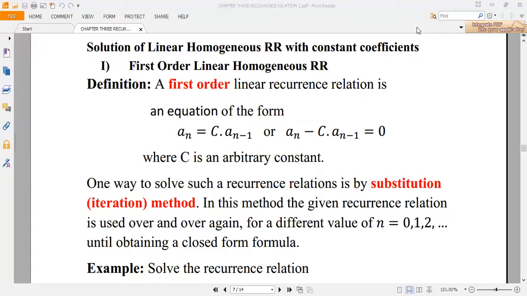Let's start with the first order linear homogeneous recurrence relations. As a definition, the first order linear recurrence relation is an equation of the form like this one, or you can write it another way, where C is any arbitrary constant.